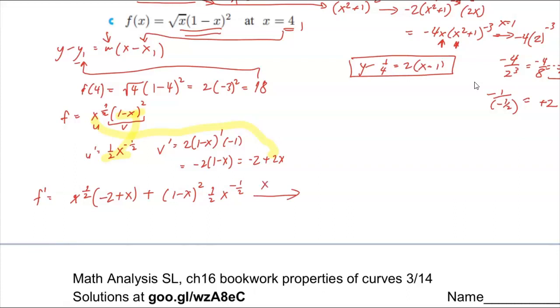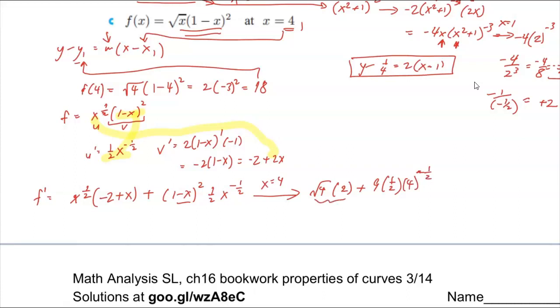So we're going to plug in x equals 4 in for the x's. So that would be square root of 4 times negative 2 plus 4, which would be 2. And then 1 minus 4, which is negative 3 squared, which is 9, times 1/2 times 4 to the negative 1/2.